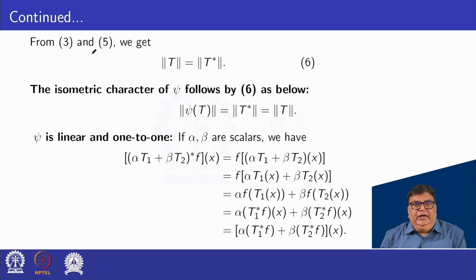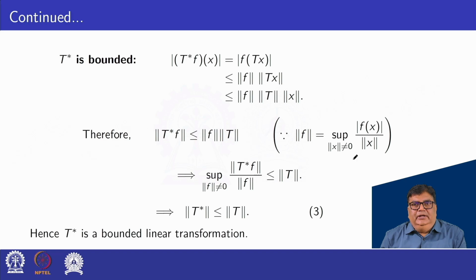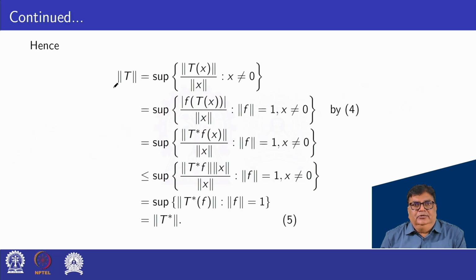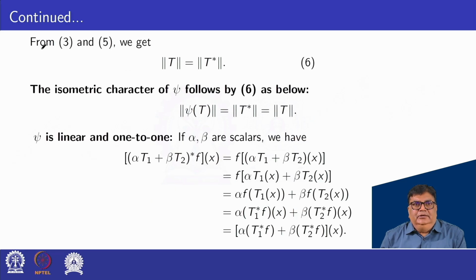From 3 and 5 we get norm of T is equal to norm of T star, because in 3 norm T star is less or equal to norm T, and in 5 it is the reverse. So as per 3 and 5 we have norm T equal to norm T star. The isometric character of psi follows from equation 6.